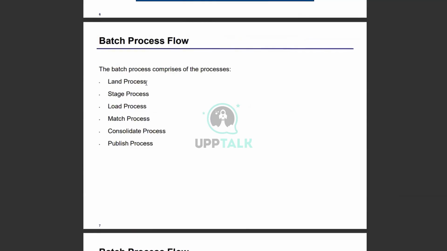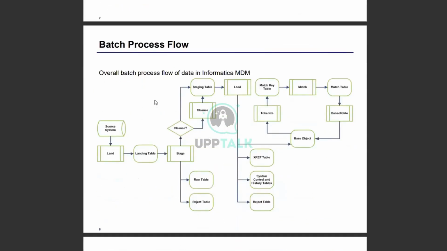Batch flow, as we stated: how the data flows from one particular system to the base object. How it does this is, we have seen the ETL push it into the landing. The ETL process is over here.